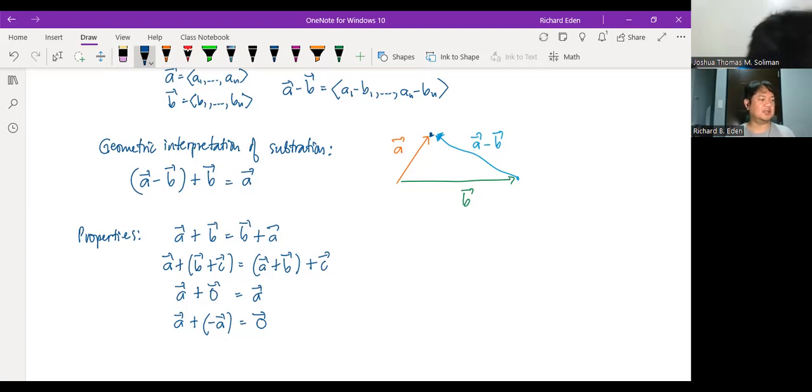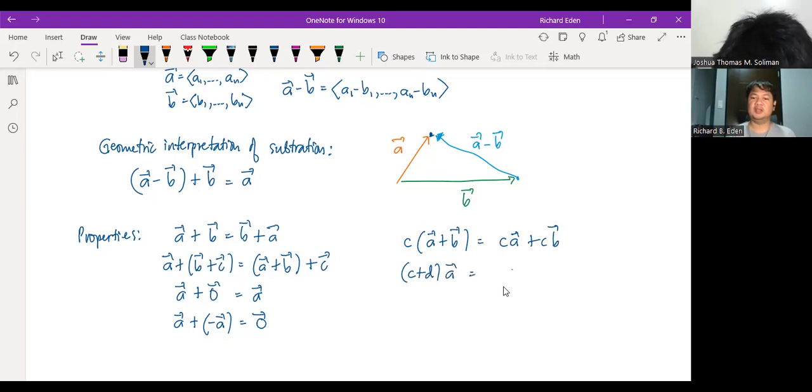And then you have the usual distributive properties. So C times vector A plus B is no different from CA plus CB. C plus D times vector A is the same as CA plus DA.